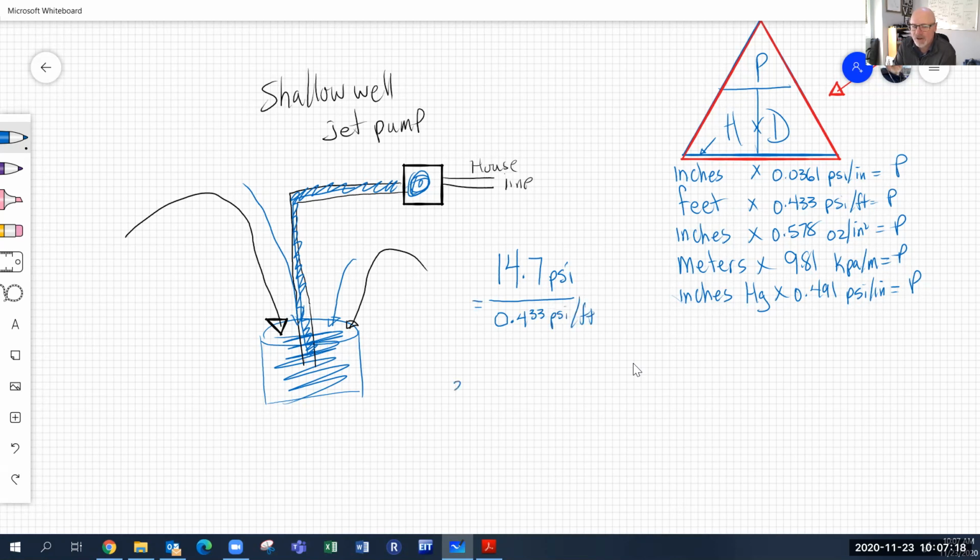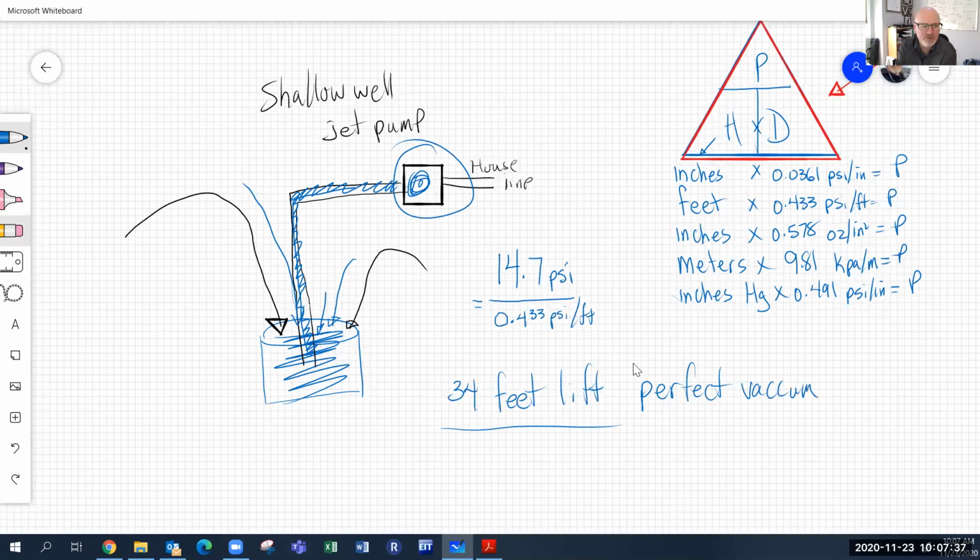And I can get about 34 feet of lift from a pump up here, and that would be a perfect vacuum. So that would be perfect lift, and I'm pretty sure I spelled vacuum wrong.